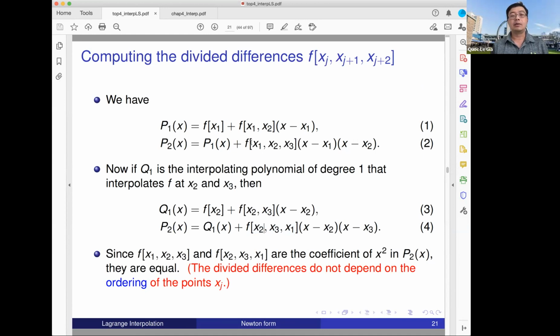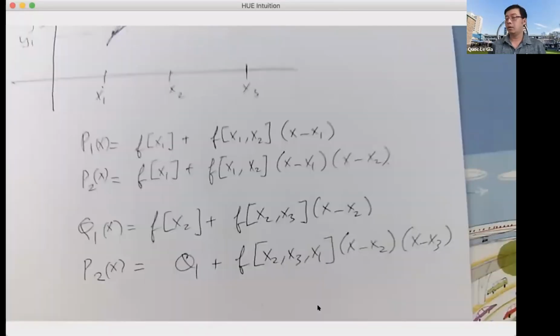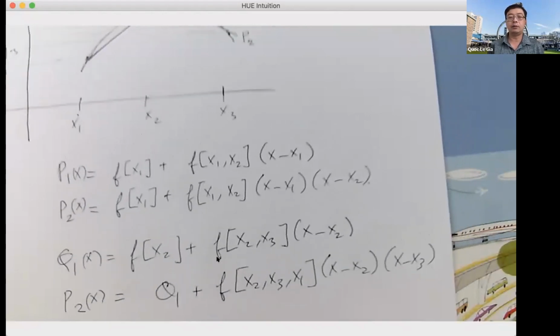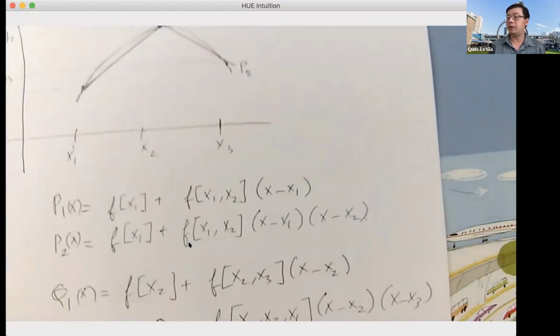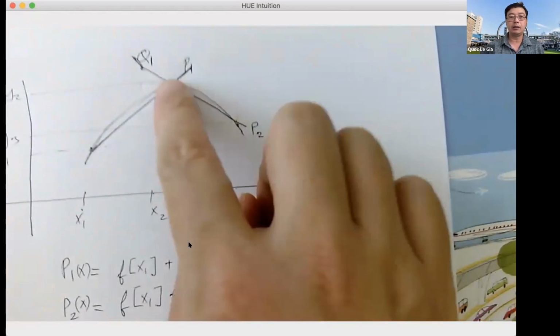The order x1, x2, x3 or x2, x3, x1 is not important. But why did we get this order? If you look back at the pictures, how did we get P2 in the 4th equation? We got it from Q1, right? Q1 is the line that goes through x2 and x3.